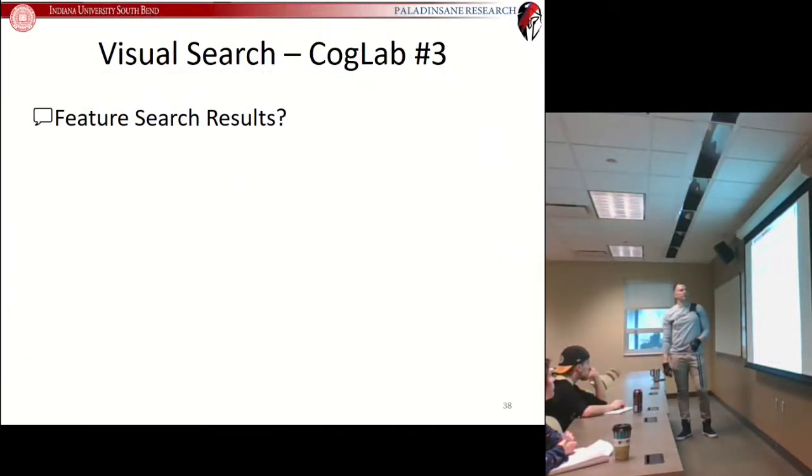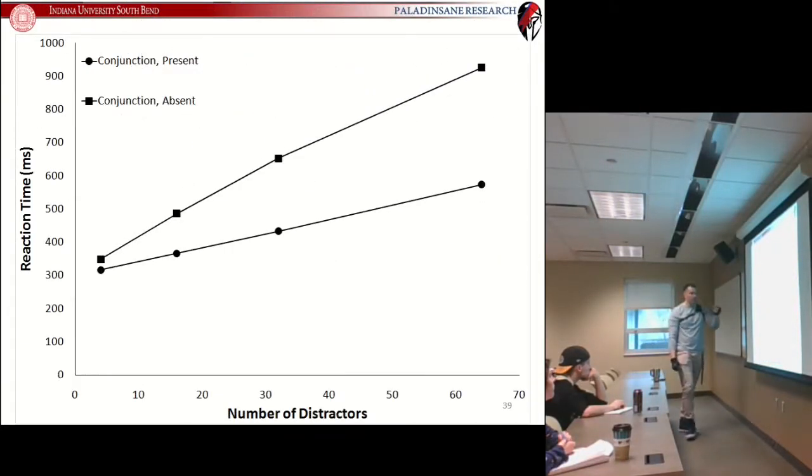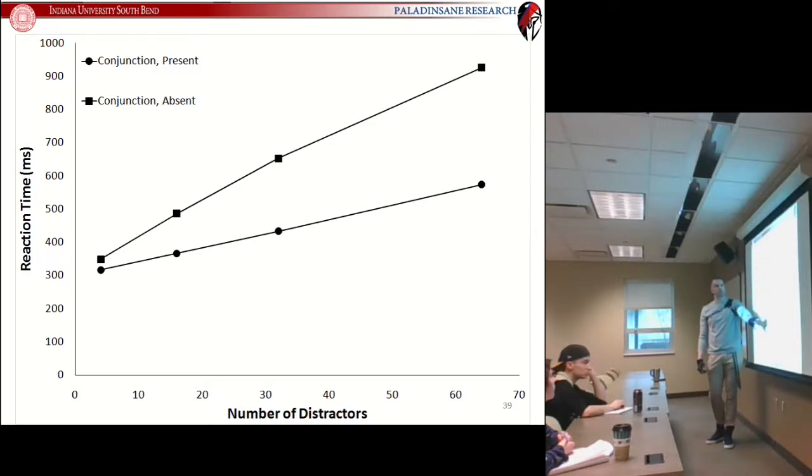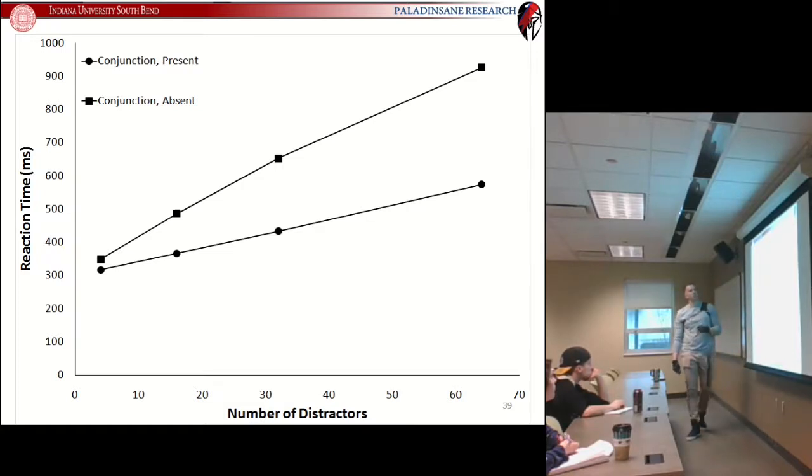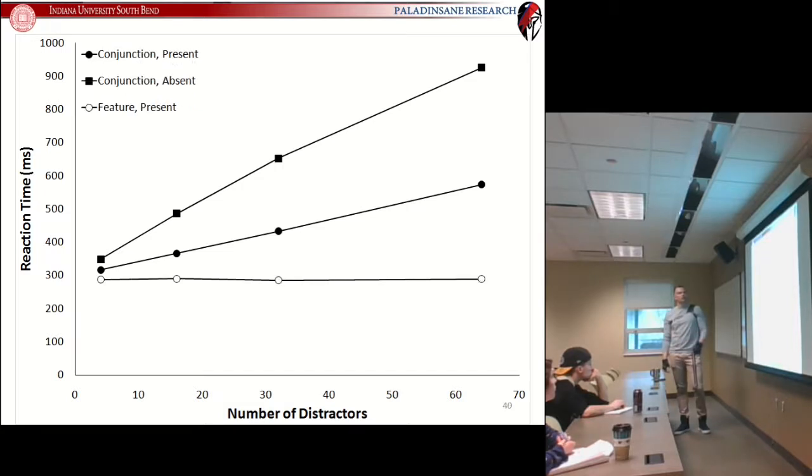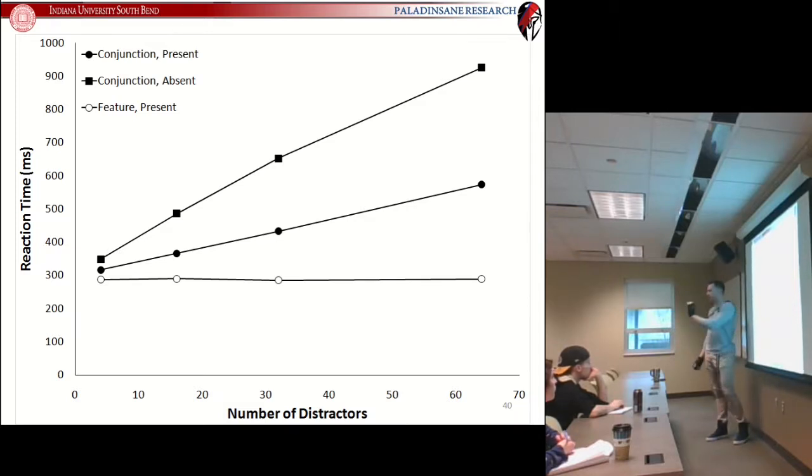All right, so what happened in the feature search? Well, this is what happened in the conjunction search, once again, when the target was there and when the target was missing. So what happened when the target was there in the feature search? Well, there is your data for the feature search.